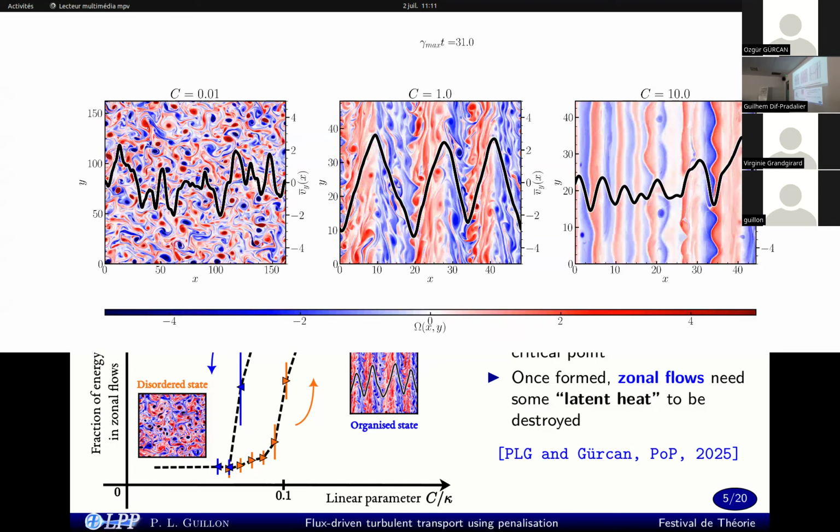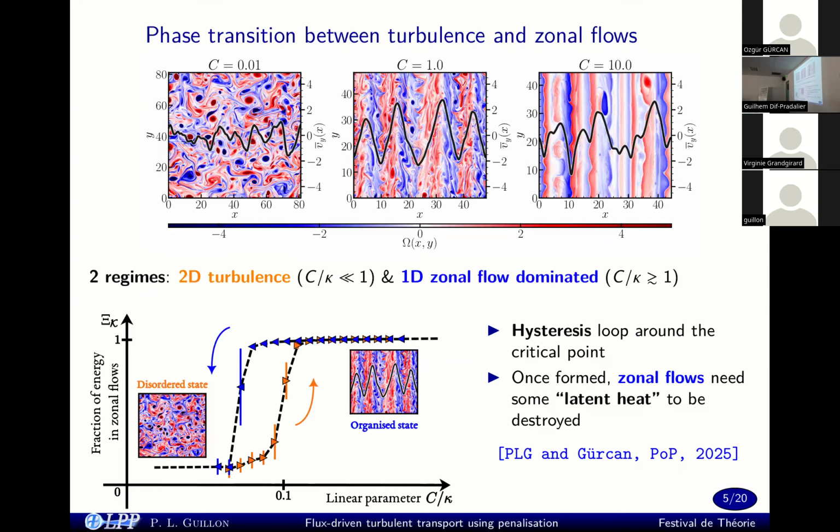More generally, depending on the ratio between the adiabaticity parameter C and the mean density gradient kappa, we have two regimes. For low values of C over kappa, we have 2D turbulence, and for large values of C over kappa, we are dominated by zonal flows, and the system becomes quasi 1D. The transition between those two regimes is around C over kappa equal 0.1.